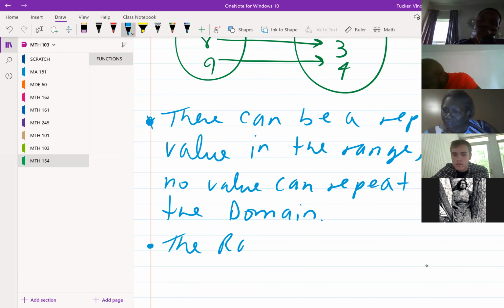Because the first one, you were just asking, is it a function? The range can go to more than one value. Domain can only go to one value. So yeah, there can be a repeated value in the range, but no value can repeat in the domain. I think that pretty much solidifies it.